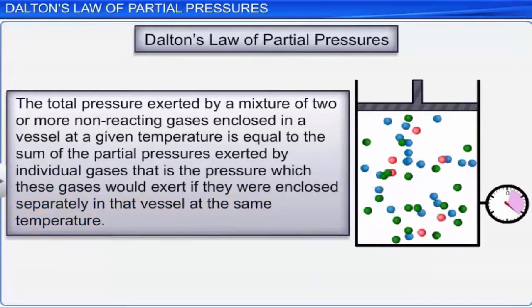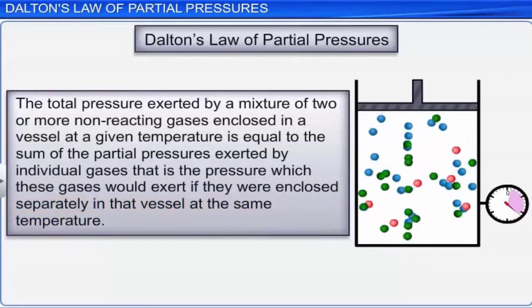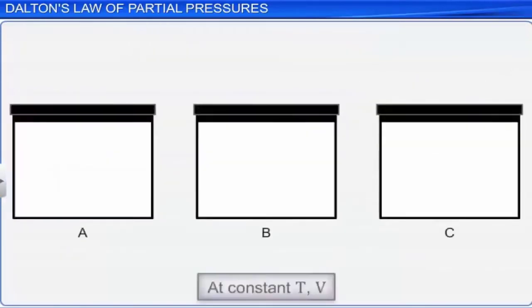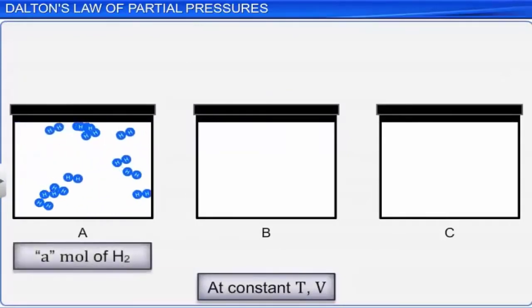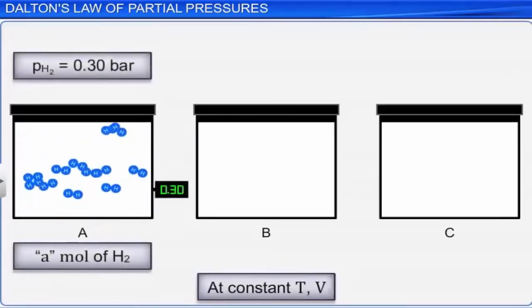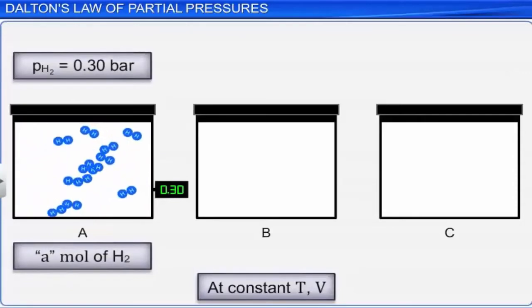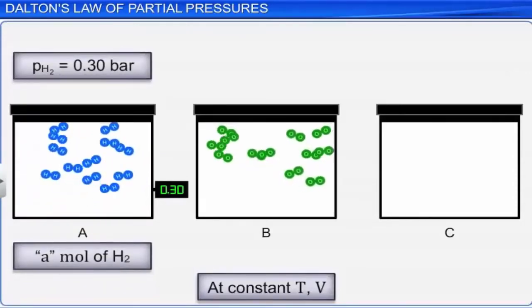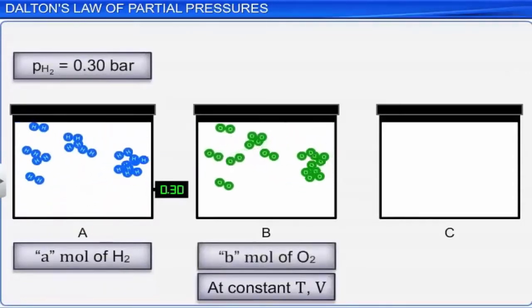Let us consider 3 vessels of the same volume at the same temperature. Let the first vessel be enclosed with A moles of hydrogen exerting a pressure of 0.30 bar, and the second vessel be enclosed with B moles of oxygen at the same temperature exerting a pressure of 0.45 bar.